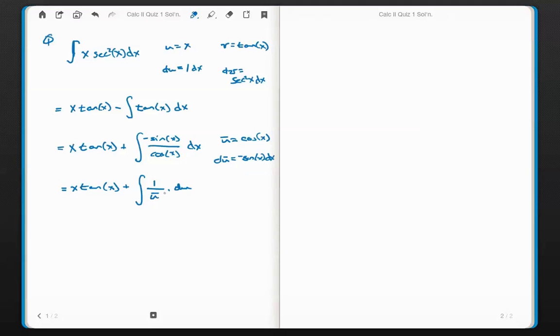Now this integral is easy to do. That equals x tangent of x plus, 1 over u becomes the natural log of the absolute value of u bar, and then we make our back substitution: x tan x plus the natural log of cosine of x, plus c.